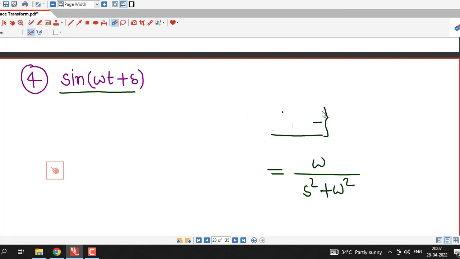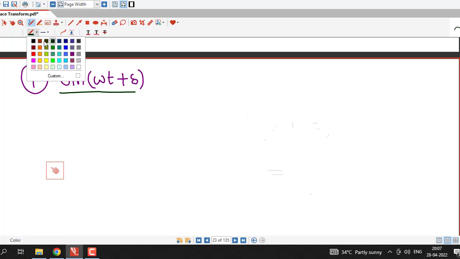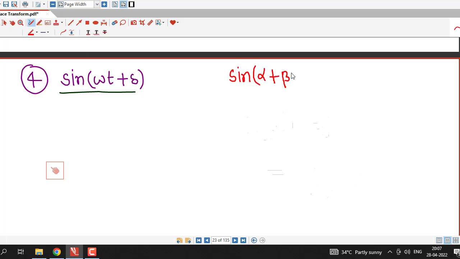So for this also we have to write the function in terms of functions whose formulas are known to us, and for that we recall this formula: sine of alpha plus beta is equal to sine alpha cos beta plus cos alpha sine beta.